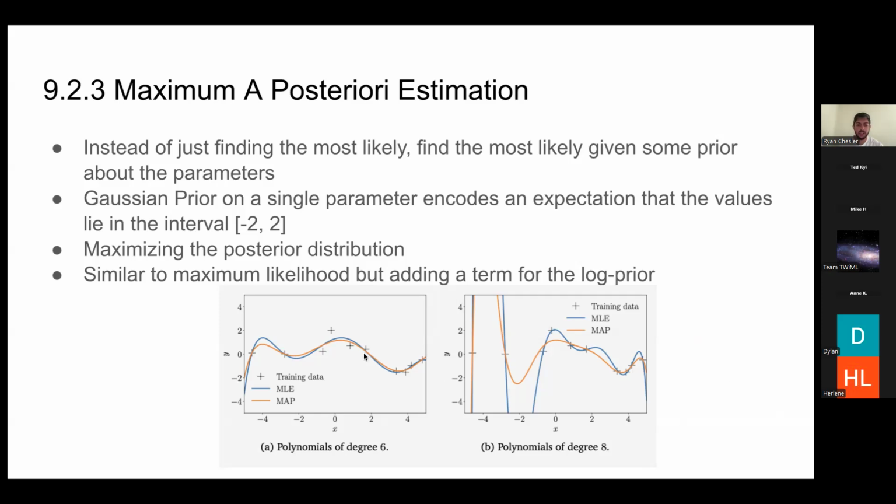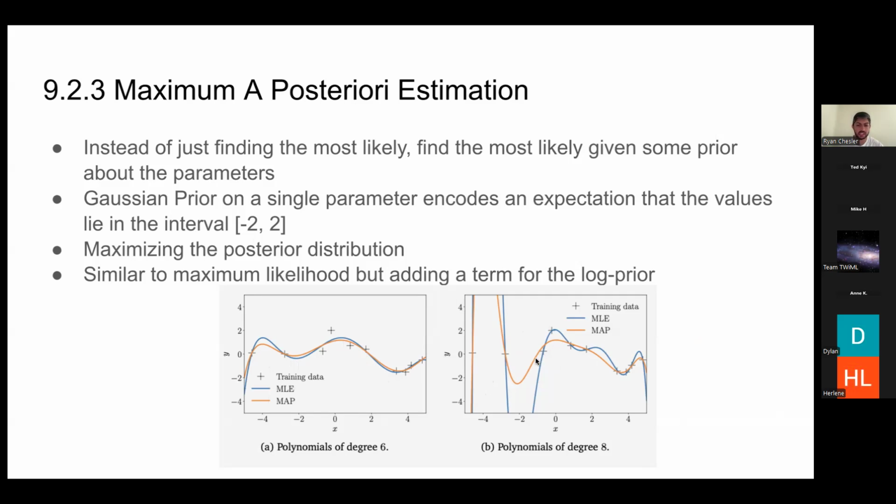These are some graphs showing the difference that you would get doing the maximum likelihood and the MAP. You can see the MLE has a bit more expressive curves, not super pronounced at degree 6, but at degree 8, the MAP is following much more reasonable patterns than the MLE is.